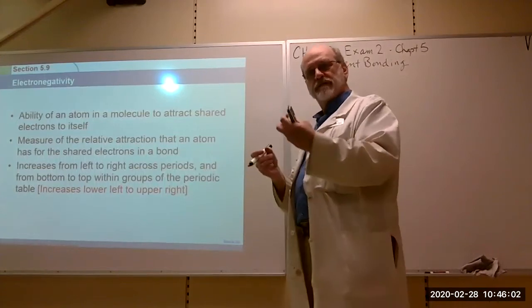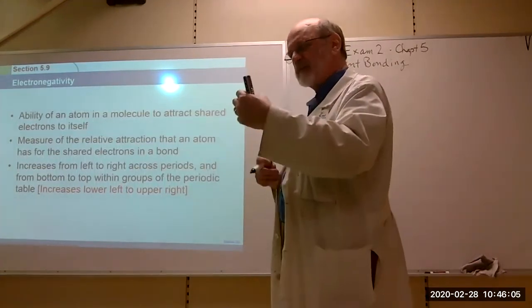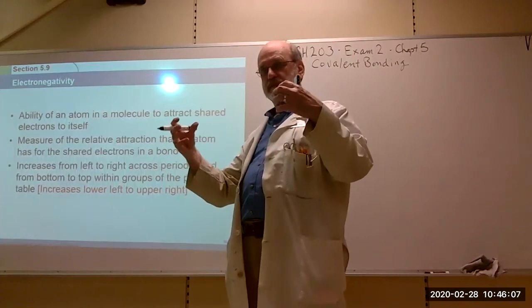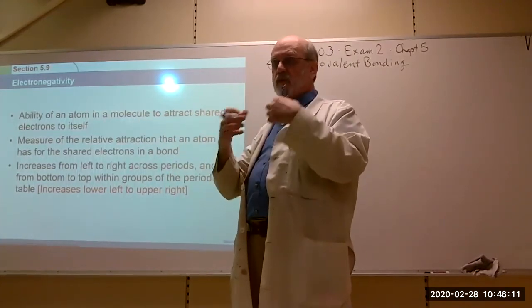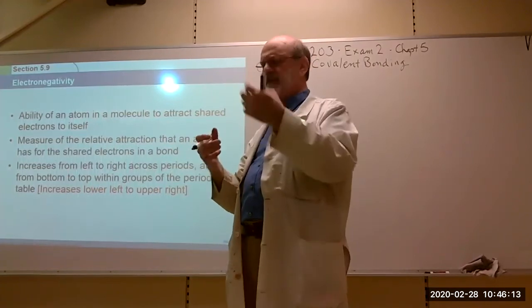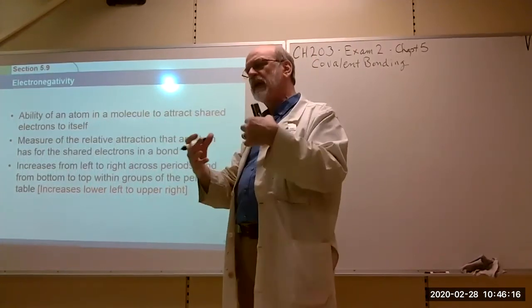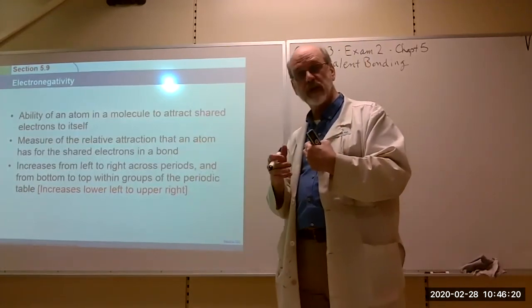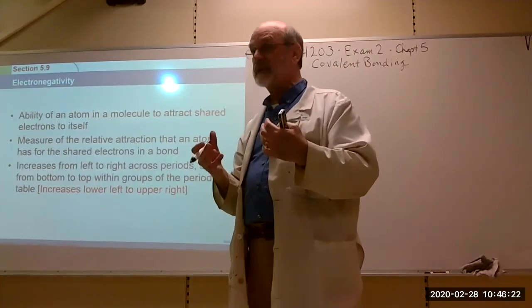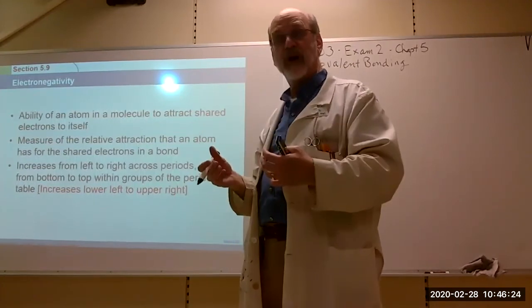So if two atoms, atoms of different elements, approach each other to bond, and they're not the same, then one of them is going to attract electrons more strongly than the other. It may not be strongly enough to form an ionic bond.